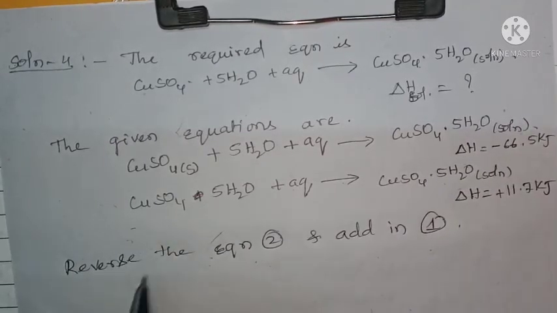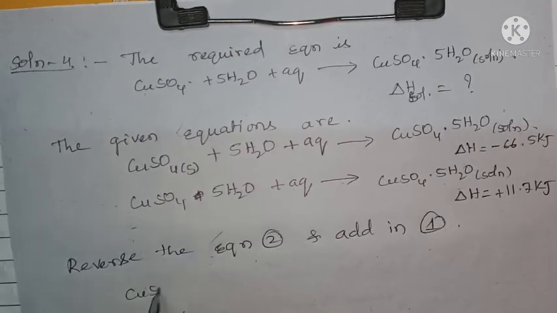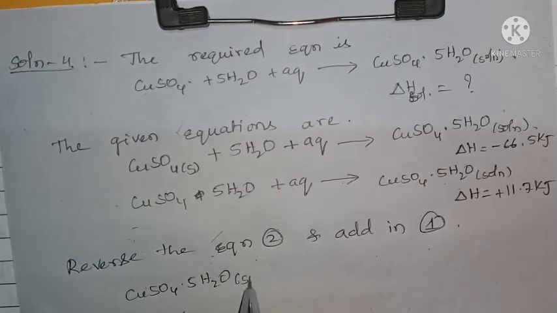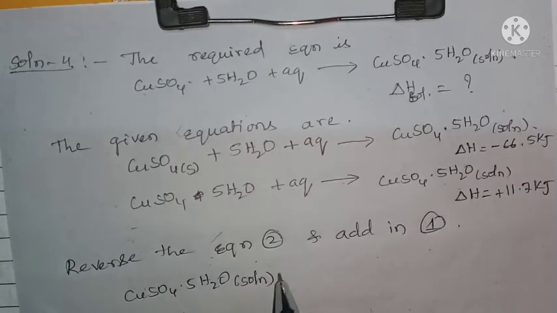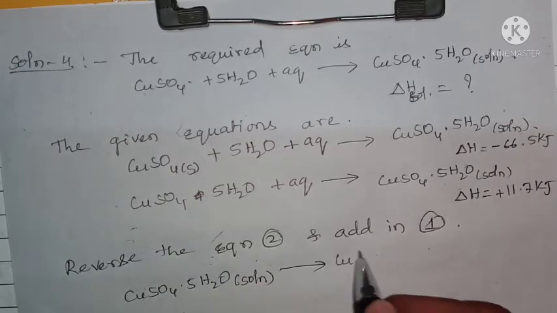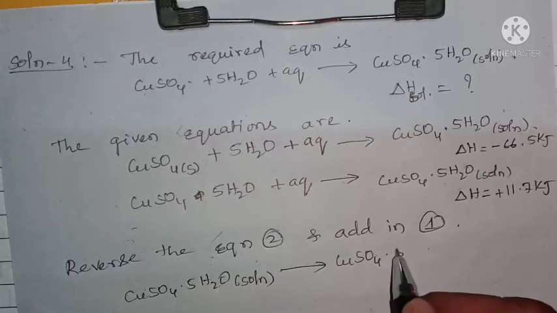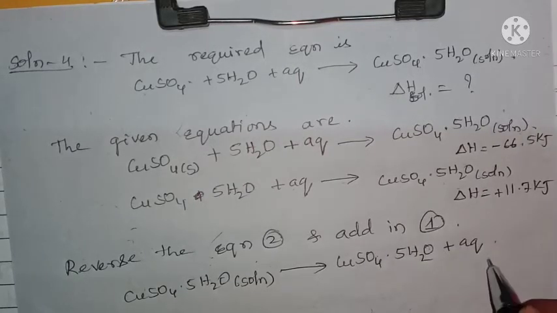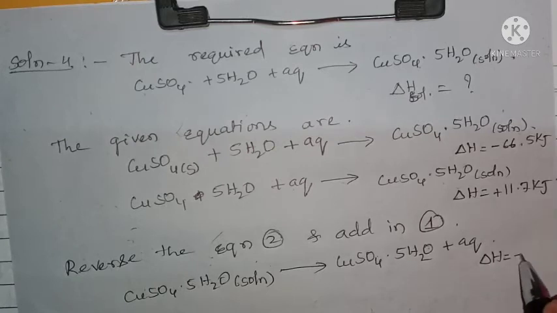On reversing, this equation becomes CuSO4 solution gives CuSO4·5H2O plus aqueous, with delta H value minus 11.7 kilojoules.